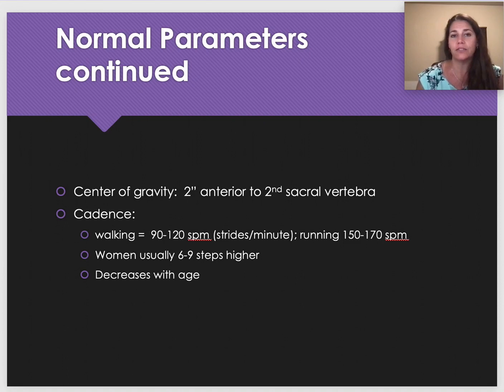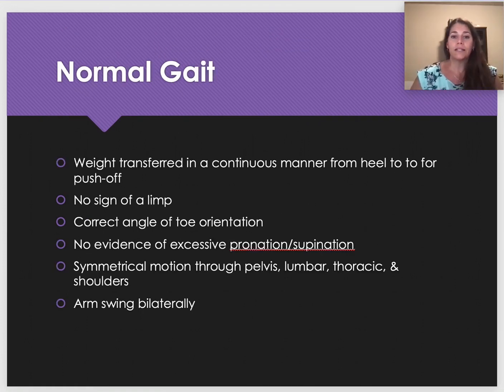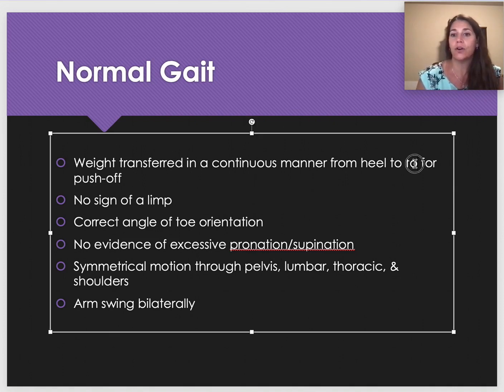So you tend to decrease how far you're walking, and then you also decrease your speed because you're not as strong and balanced.